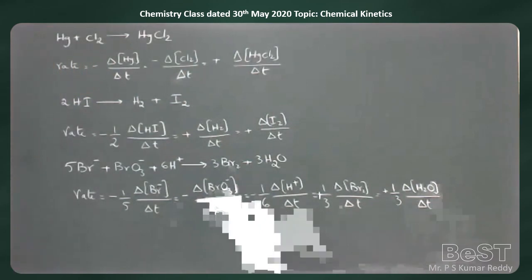In this way, we are going to represent the relationship between rates of various reactants and products based upon the stoichiometric coefficients. You studied this in your first year chemical equilibrium itself.